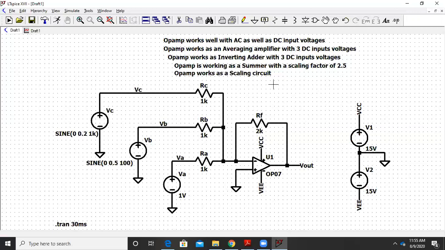So we have seen this circuit. We have simulated this circuit with different combinations of RA, RB, RC and RF, and different combinations of inputs, and the op-amp is working well as an inverting adder, as an averaging amplifier, as a summer, as a scaling circuit, and it also works well with AC and DC input voltages.